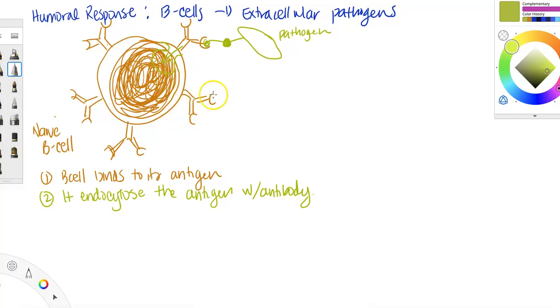Then it posts that antigen on an MHC2 platform, because this is a B cell, and a B cell is an antigen presenting cell.